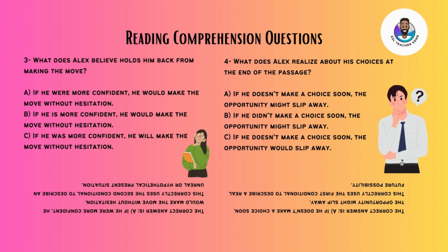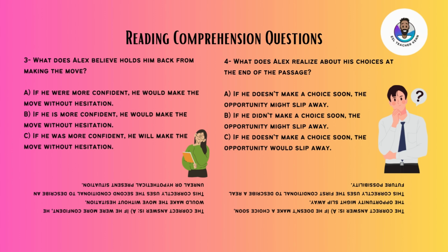Or C. If he was more confident, he will make the move without hesitation. The correct answer is A. If he were more confident, he would make the move without hesitation. This correctly uses the second conditional to describe an unreal or hypothetical present situation.